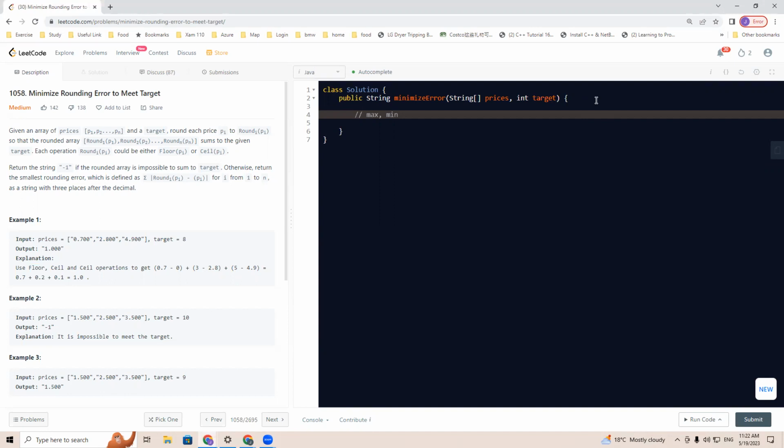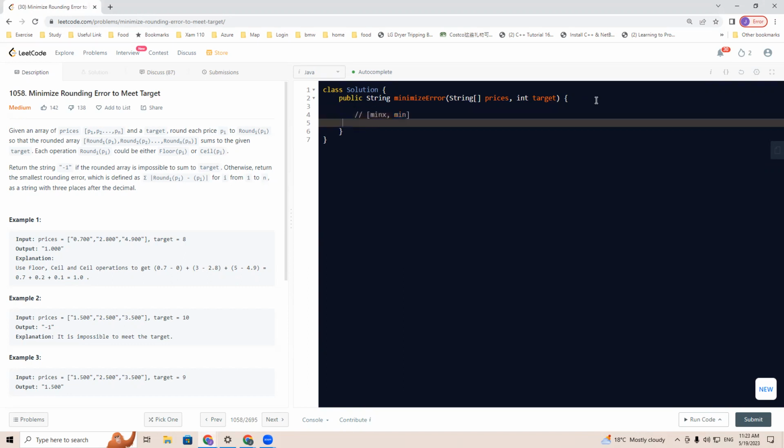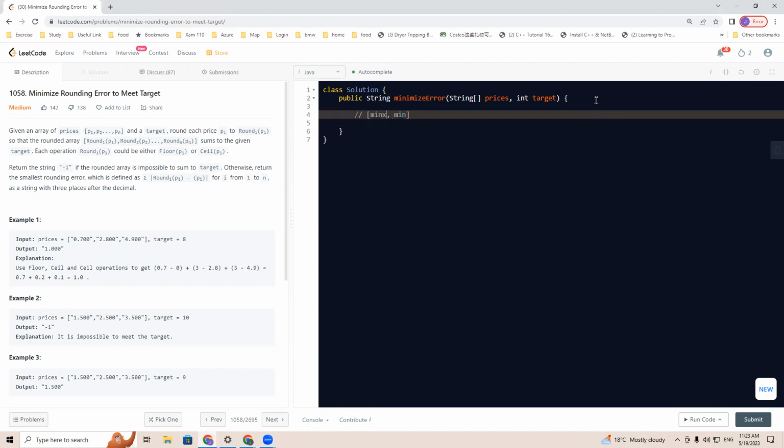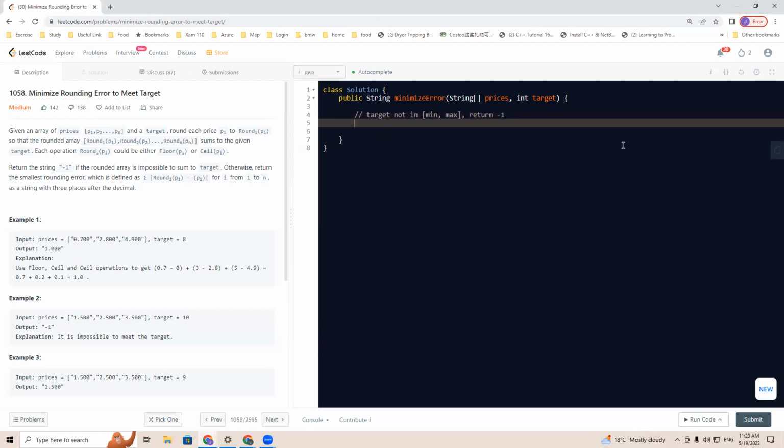So the first condition is that the target should be in the range from min to max. If the target is not in this range, we just return -1. Of course, we need to convert it to a string, and this is the first thing we can think about.